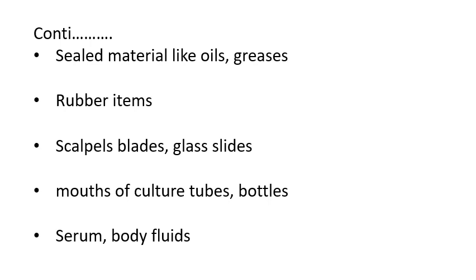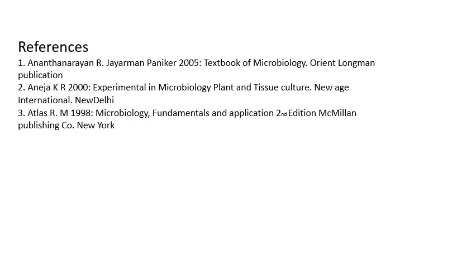And for rubber items, here we should not use more heat treatment. And scalpels, blades, and glass slides can be sterilized by waving through the flame. And the mouths of culture tubes, bottles, serum, and body fluids can also be sterilized by using sterilization techniques.